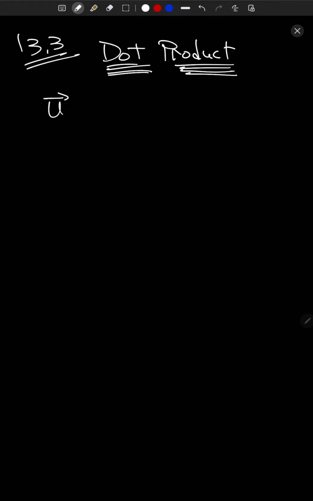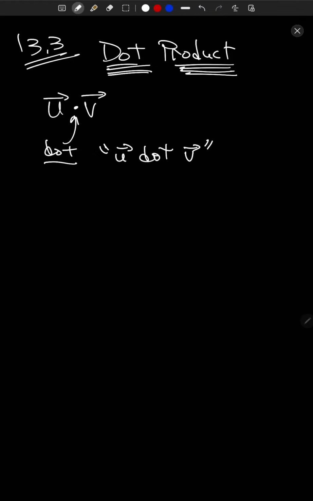If we have a vector u, if we have a vector v, we can take the dot product. Notation is like this. Use a dot right there. And the words would be u dot v. Right? So you never say u times v. You never say u multiplied with v. You say u dot v.